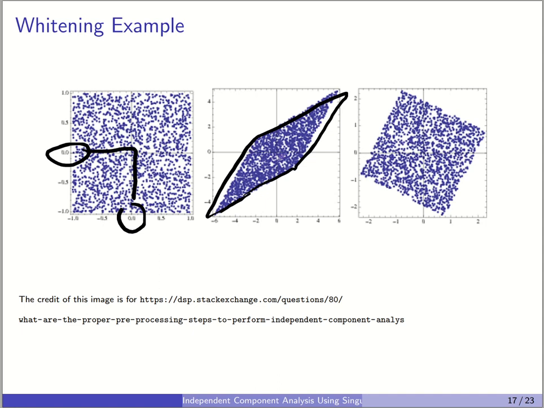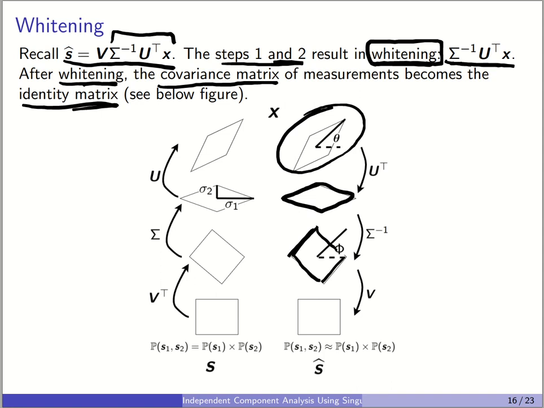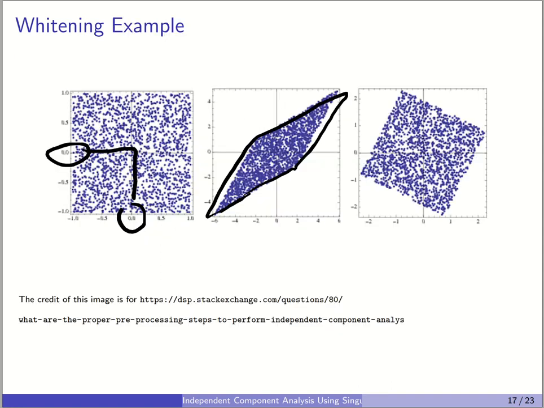So you see, its rotation has been removed, and also its covariance matrix has become identity. So this is whitening. And in each direction, this is 1. Sorry, this is not 1, but what I mean is that this is equal to this, or these are equal. This is because of whitening, because of having the identity matrix as the covariance matrix.